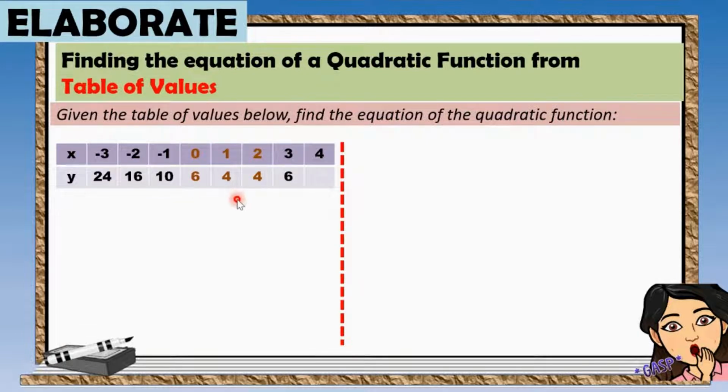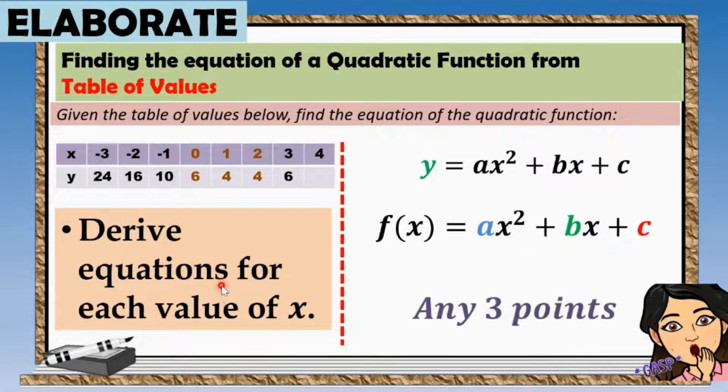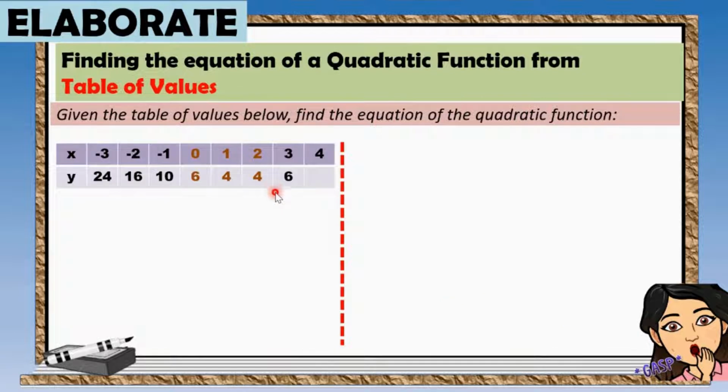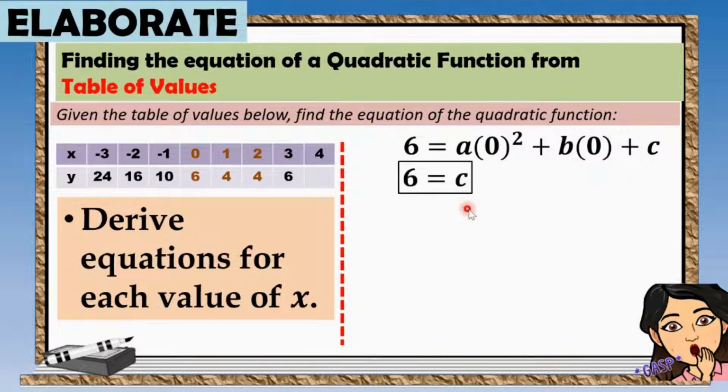the table. So, let's start with 0 and 6. So, 6 equals a times 0 squared plus b times 0 plus c.